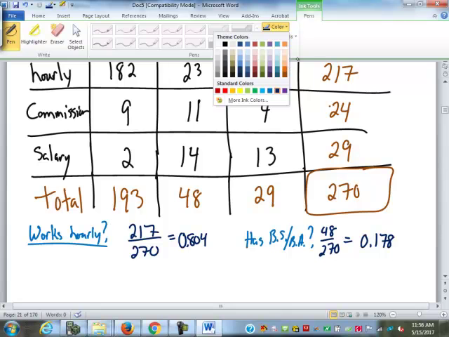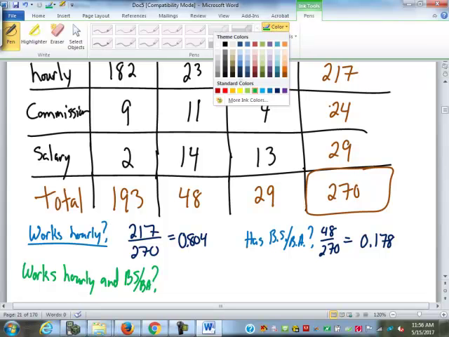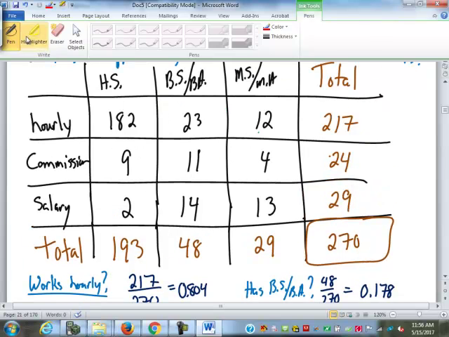Next, we're going to make it a little bit more complex. What's the probability of randomly selecting an employee who works hourly and has a bachelor's degree? So let's go back up to the table here. Here's hourly. Here's bachelor's degree.